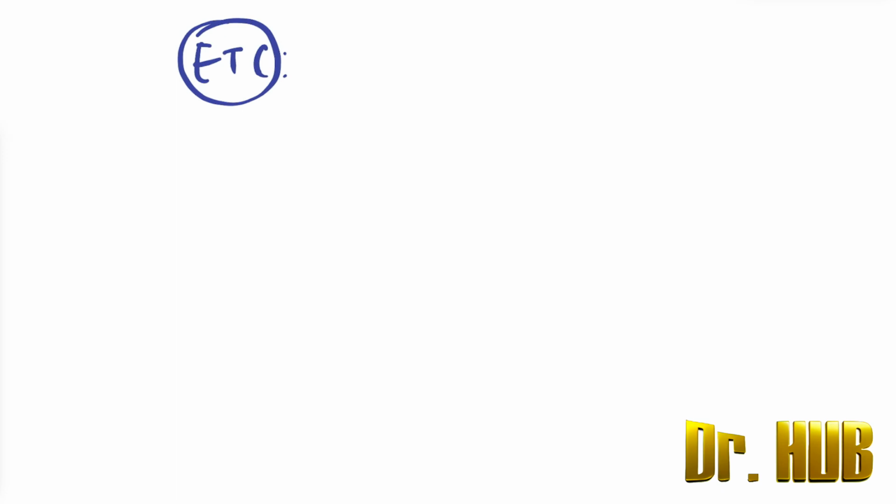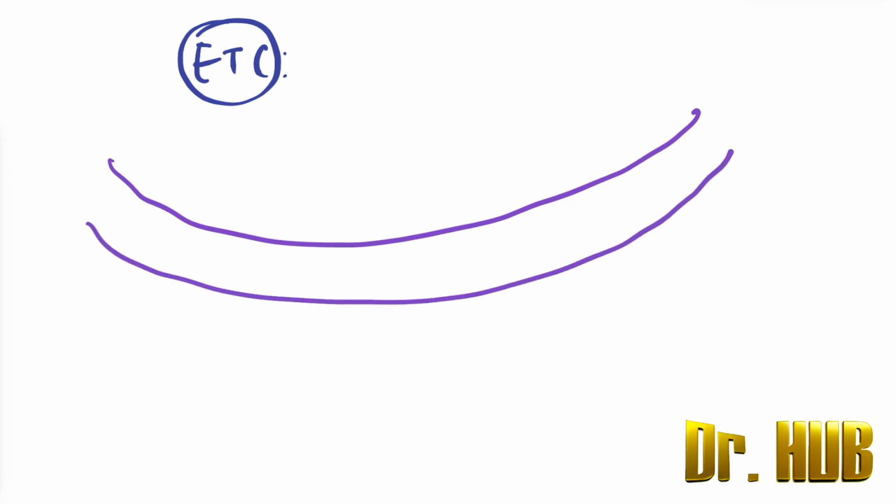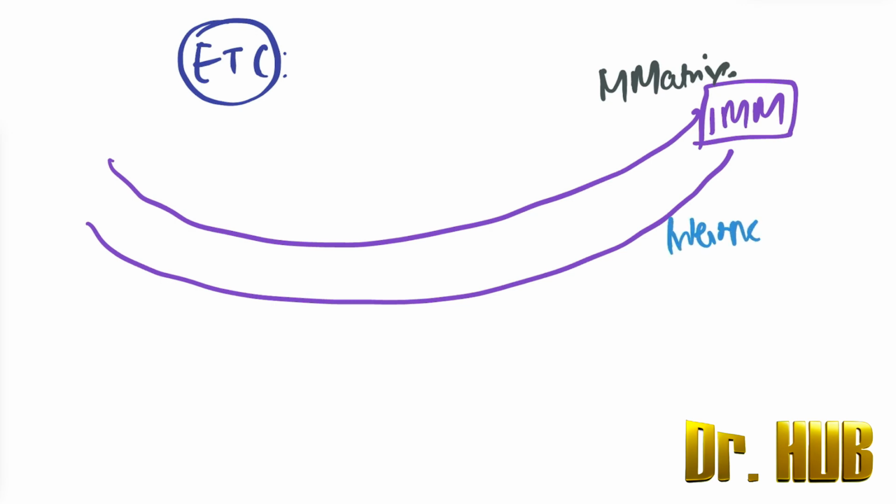Let's draw it. We consider this as the inner mitochondrial membrane, which we write as IMM. Then this will be the mitochondrial matrix. And lastly, we are going to have the intermembrane space.